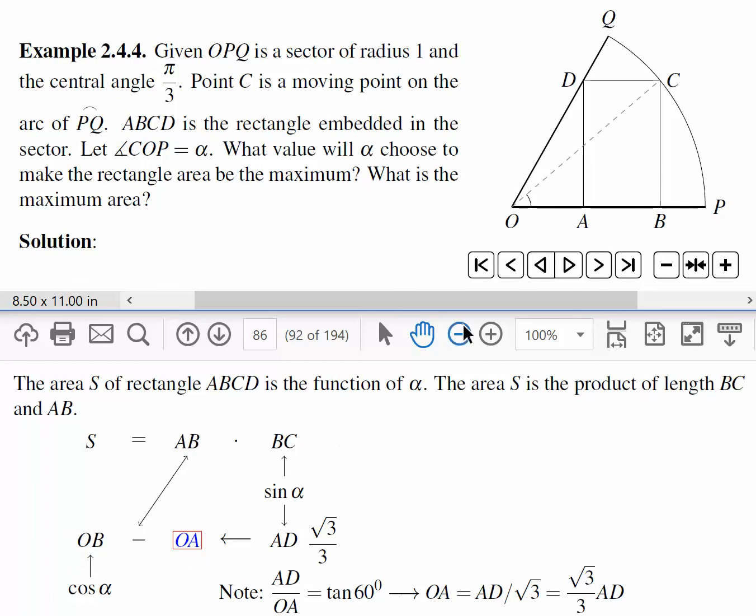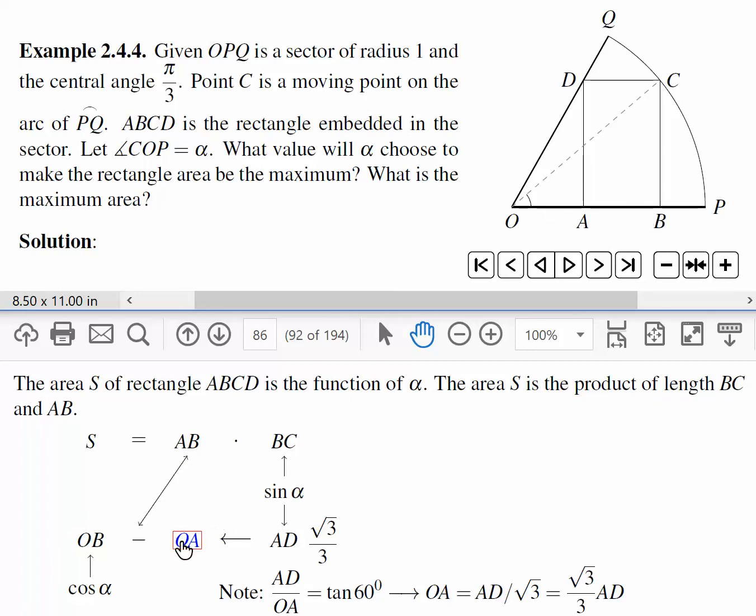Remember, OB is the x-coordinate of C, so that will be cosine alpha. So BC is expressed by sine alpha and OB is expressed by cosine alpha.